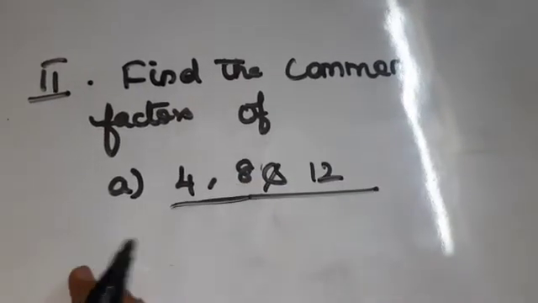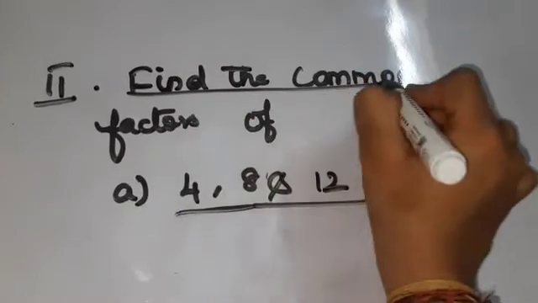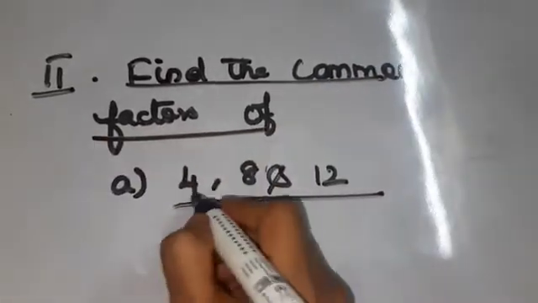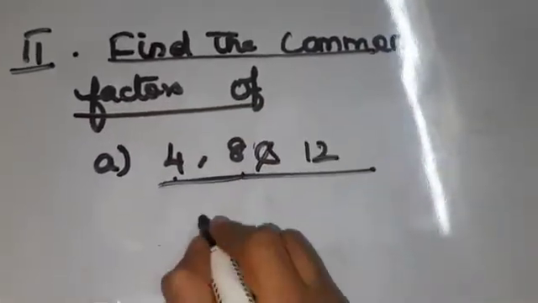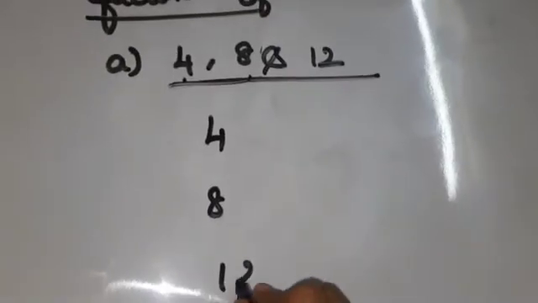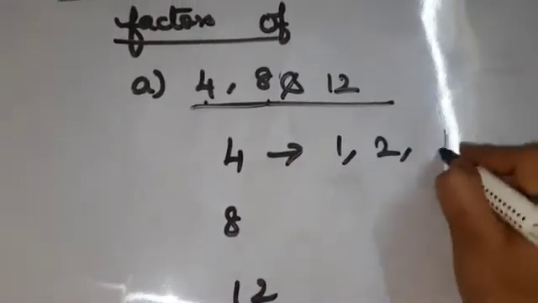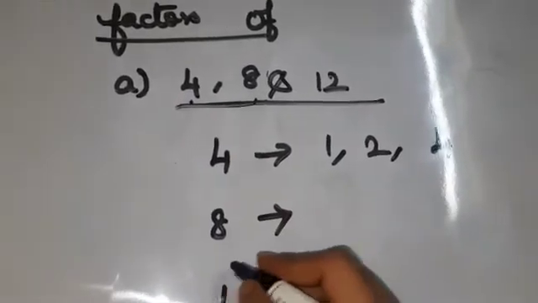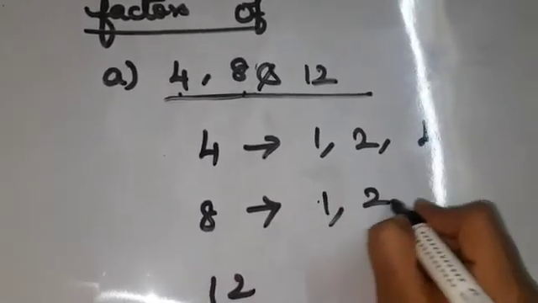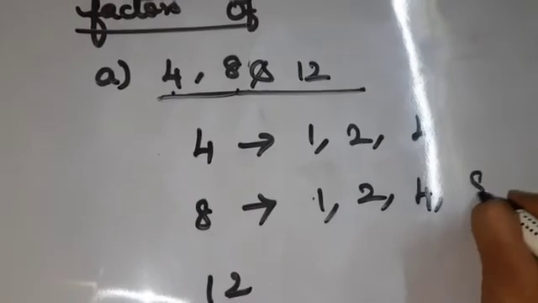Now what are we going to find out? The same thing. We are going to find the common factors of 4, 8 and 12. The factors of 4 are 1, 2 and 4. The factors of 8 are 1, 2, 4 and 8.